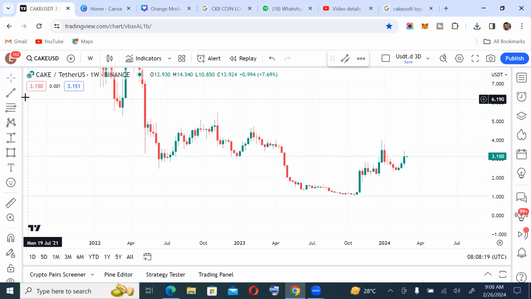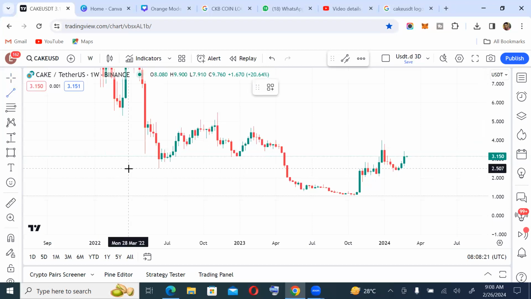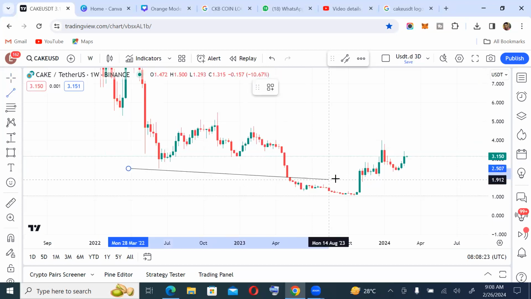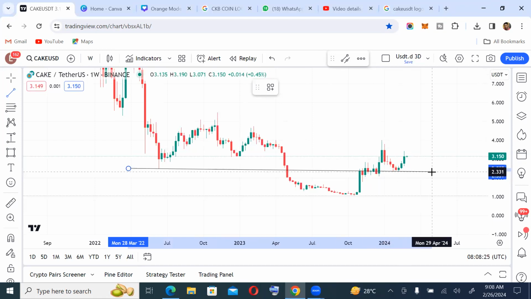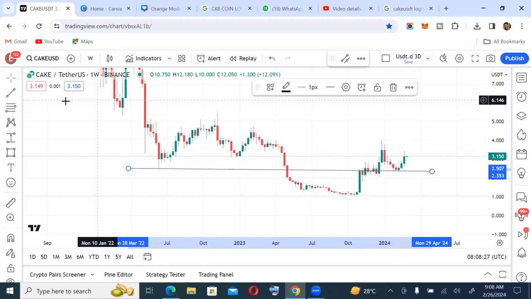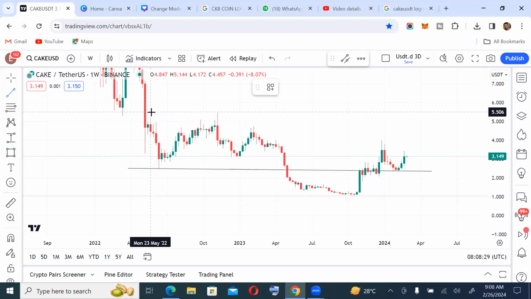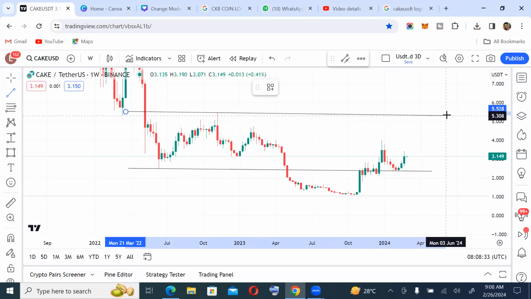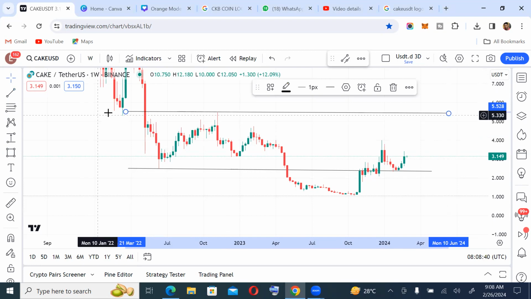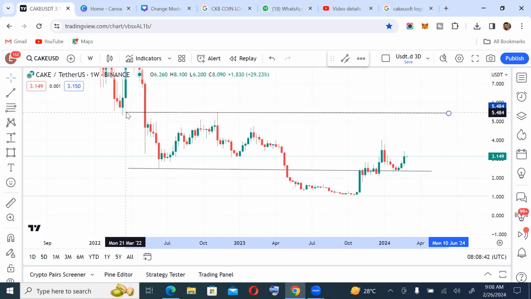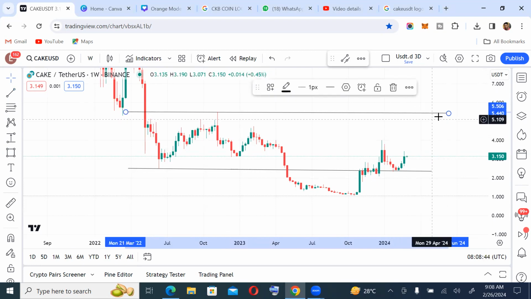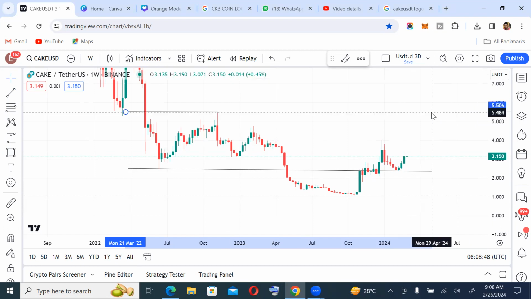Now, this is looking more like an accumulation because we have our range low here. Of course, we have our range high somewhere around here. So we've identified that, and we now know that this is an accumulation.